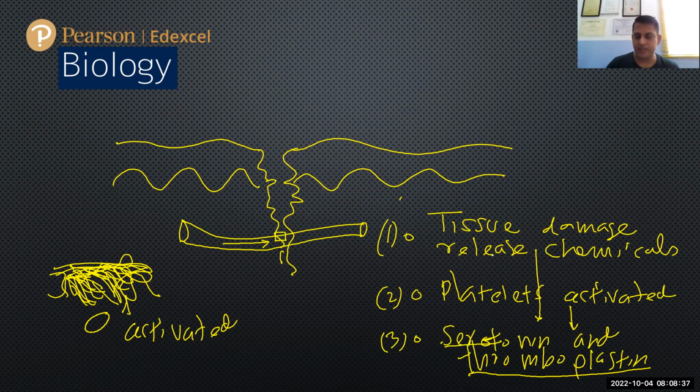So we can consider these two chemicals the most important chemicals in blood clotting, serotonin and thromboplastin. So we can conclude here, when there is tissue damage, platelets get activated, and activated platelets release serotonin and thromboplastin.